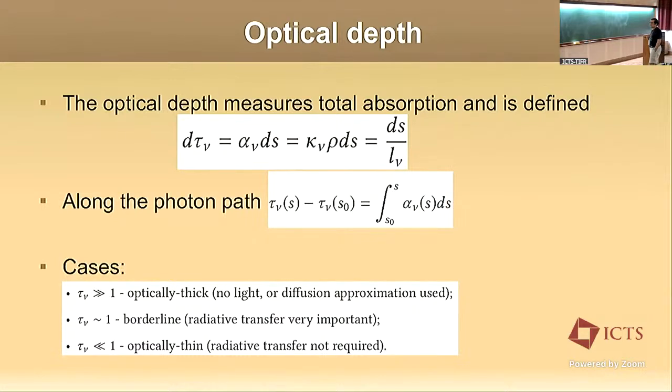So before we start solving the equation, let's define one very important quantity, which we'll mention again and again, called optical depth. You probably have heard of optical depth at some point, or if not, that's the definition of it. Optical depth is basically you take the absorption coefficient and then integrate it over the path. What's the difference from the absorption coefficient?